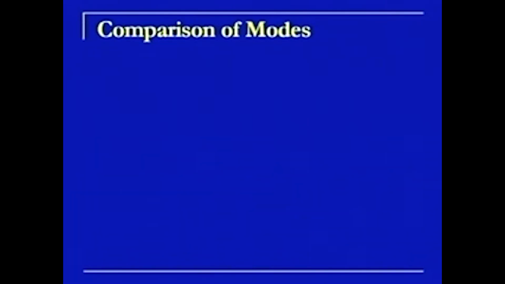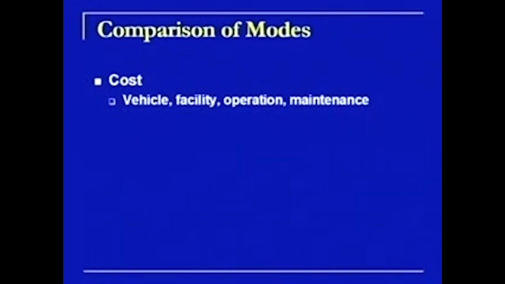Now we come to another important area listed for this introduction of Indian Railways, which is the comparison of different modes. Here we will look at different characteristics which we can take up so as to compare different modes. One comparison is in terms of the cost of provision of the system.